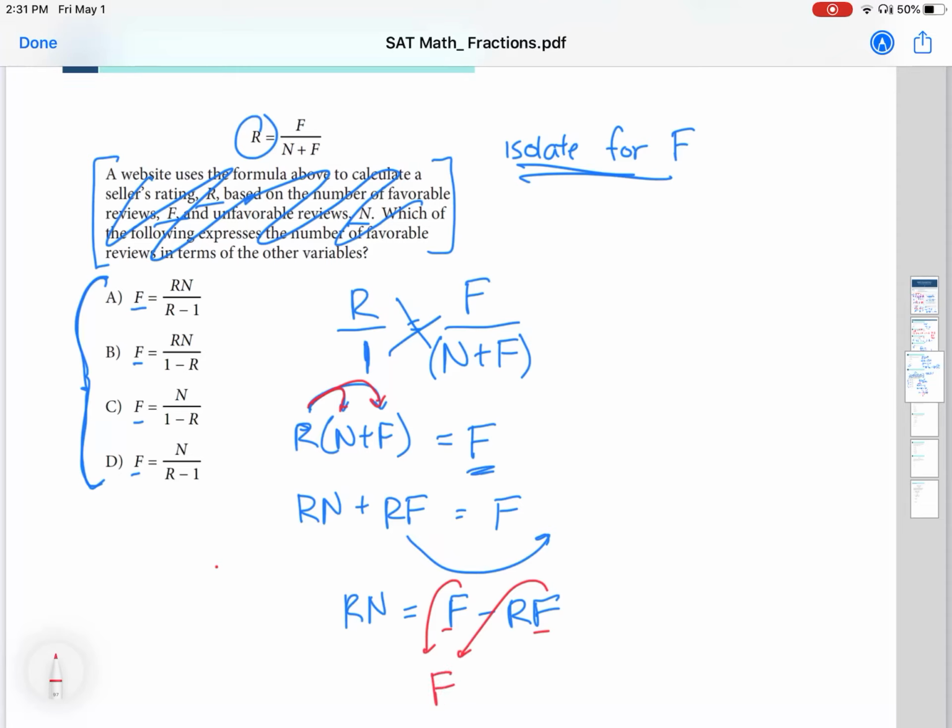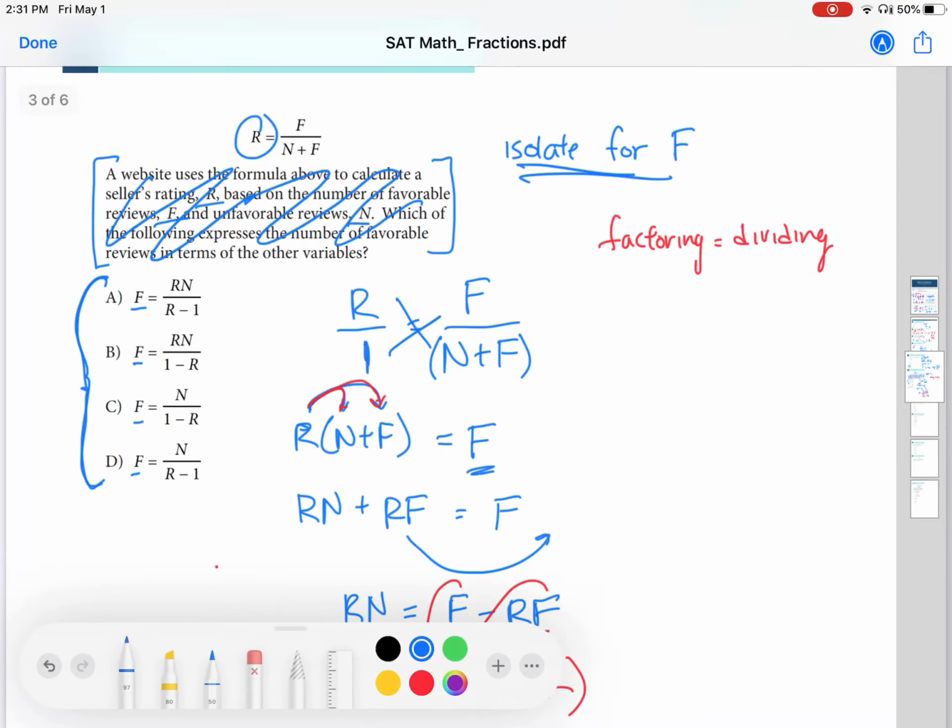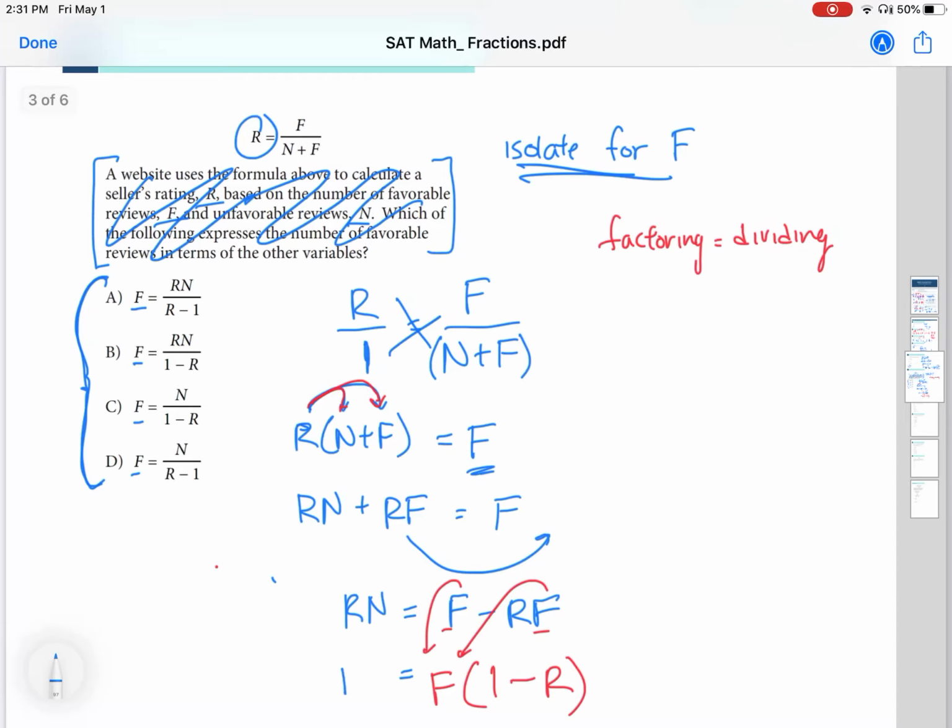Taking it out, or factoring out, means dividing. So let's write that as a little quick note here. Factoring is the same thing as dividing. So if I take out an F, meaning if I divide by F, well, F divided by F is 1, and RF divided by F is just R. So that's me factoring out F to isolate it.